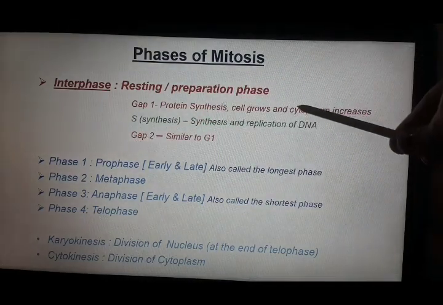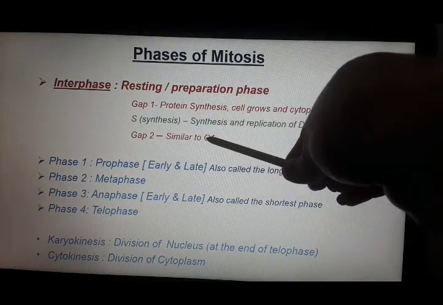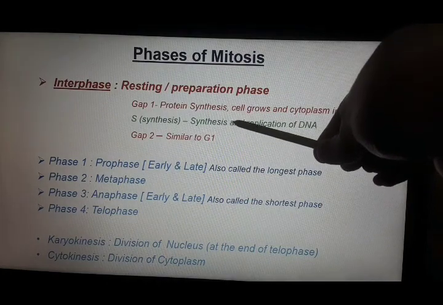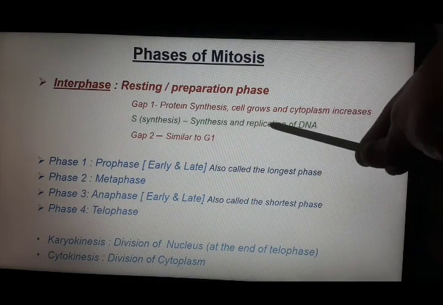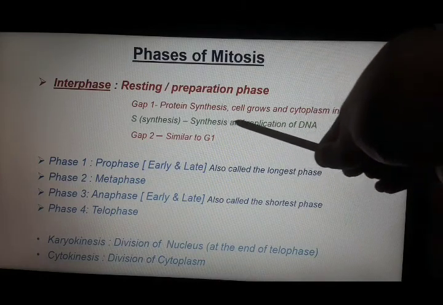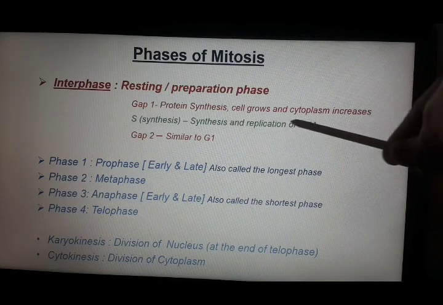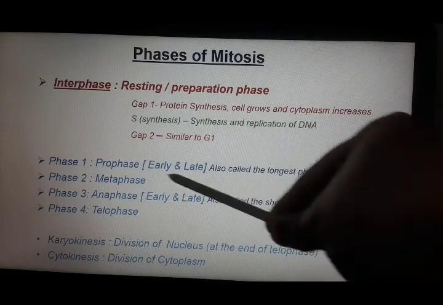That means whatever events are going on in gap 1 are going to be carried out in gap 2 too. But the synthesis phase is slightly different because this phase includes synthesis and replication. That means the DNA is synthesized here and the DNA content is also doubled here. So increase in DNA content is also a point of consideration.